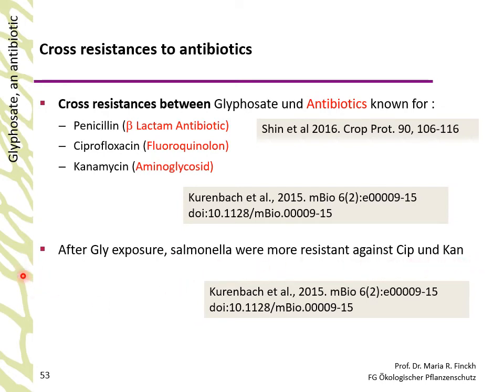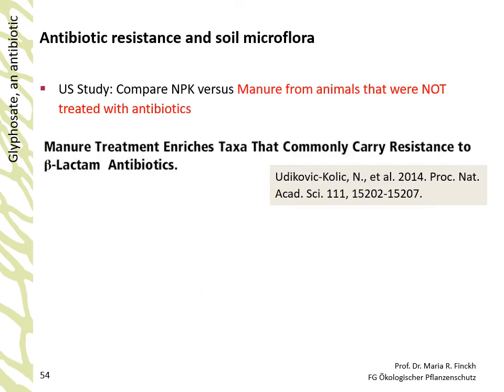This is dramatic because it means that we may be increasing the multi-resistance by using glyphosate and other herbicides. A very interesting study I ran across was a study that was entitled "Manure from Animals Enriches Taxa that Commonly Carry Resistance to Beta-lactam Antibiotics."